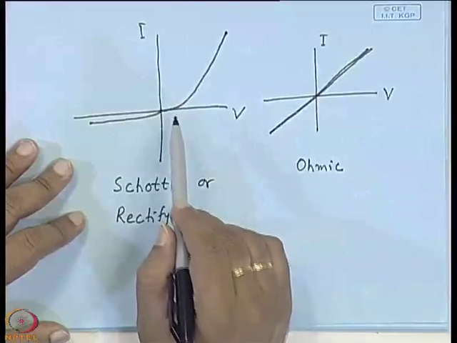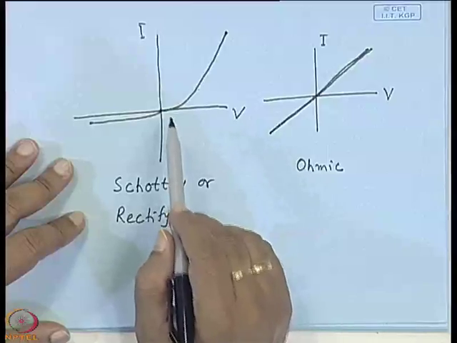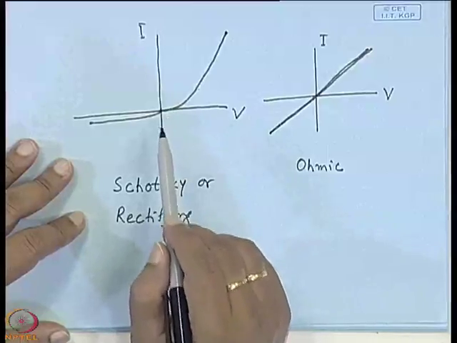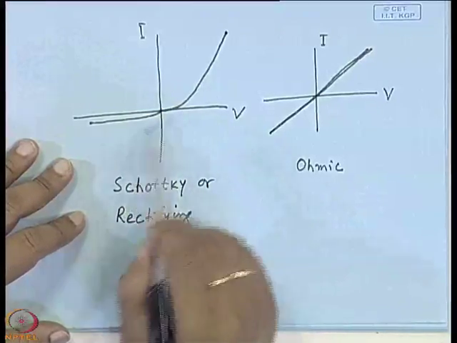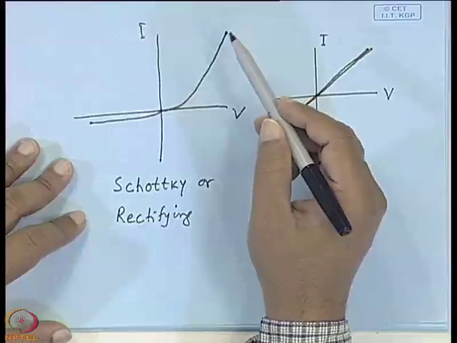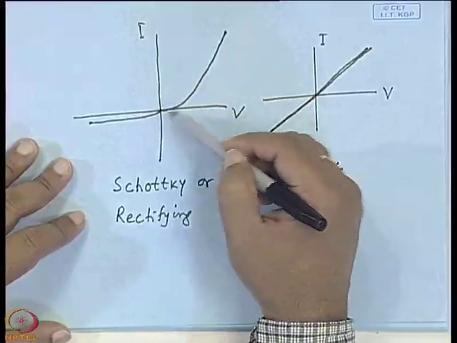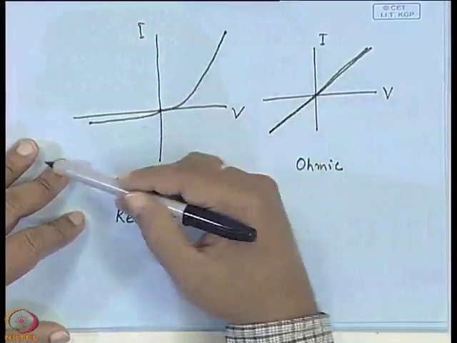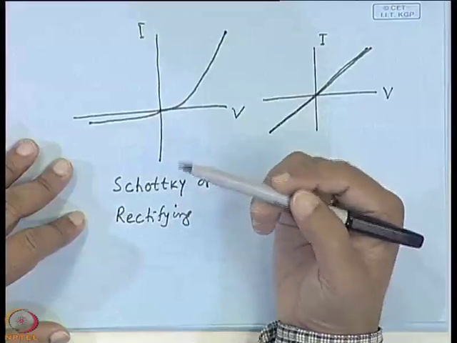Why is it known as rectifying contact? Because you see that this IV characteristic of a metal semiconductor assumes the form of a rectifier diode, because that is the characteristic of a rectifier p-n junction diode. In forward bias, it will allow current to flow, but in the reverse bias it will not allow the current to flow.